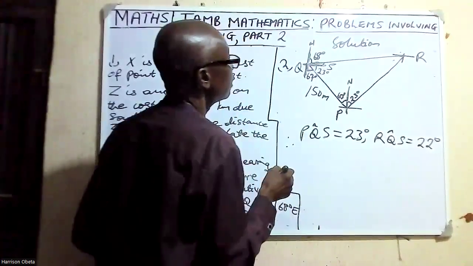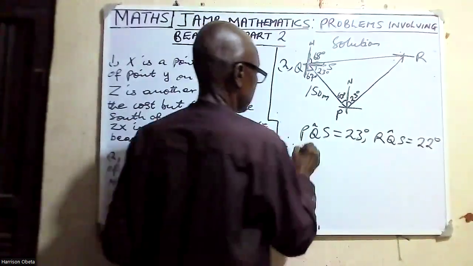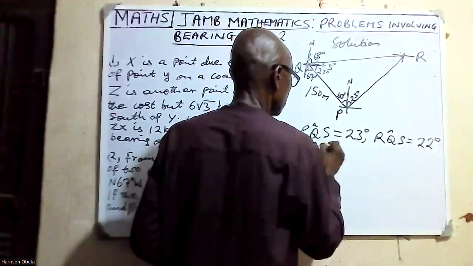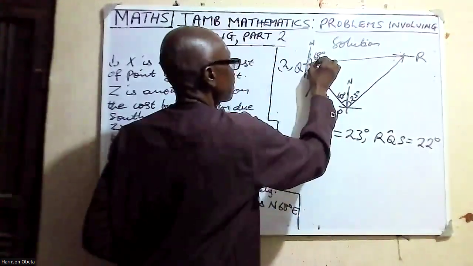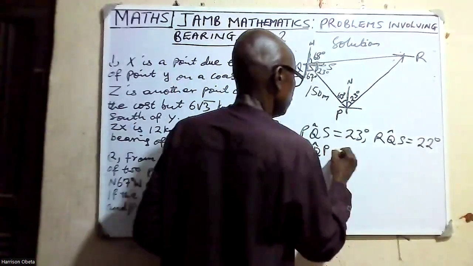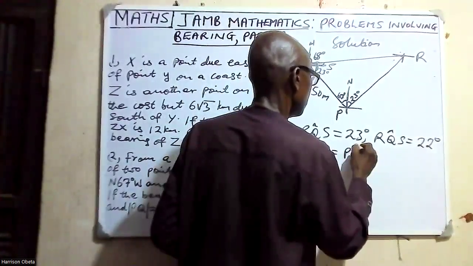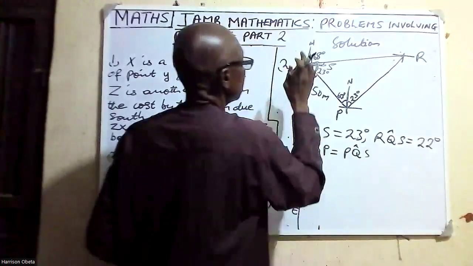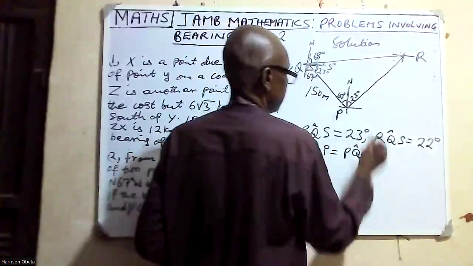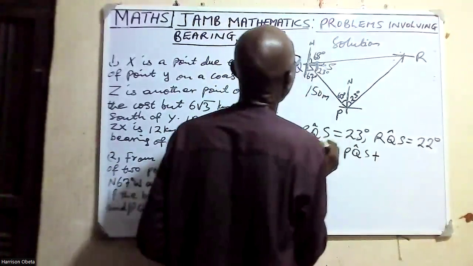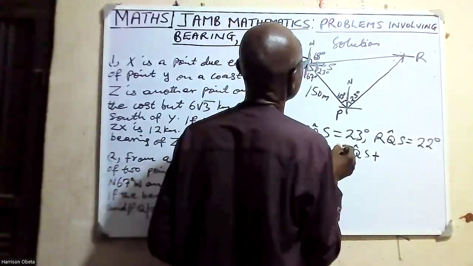Therefore, RQP, that's the whole of this angle, is equal to PQS plus RQS.